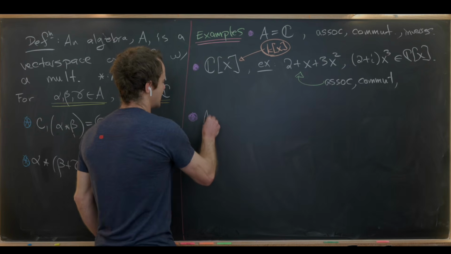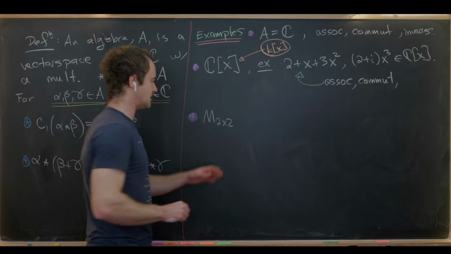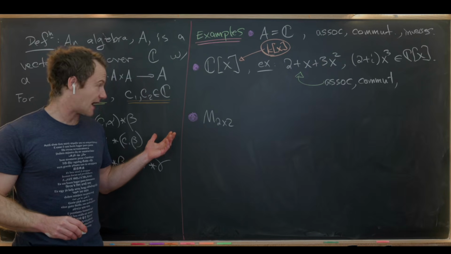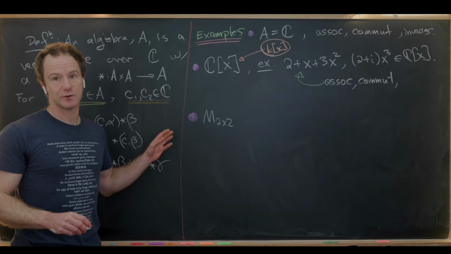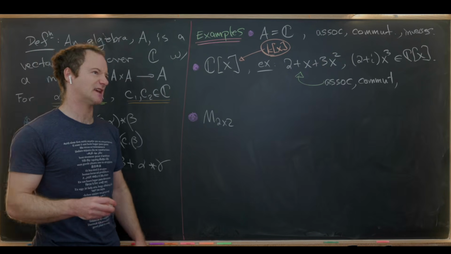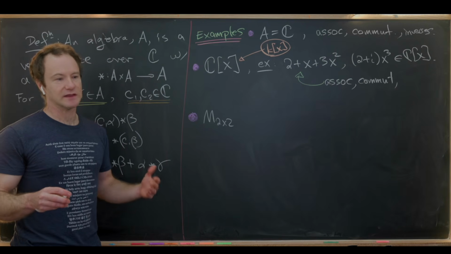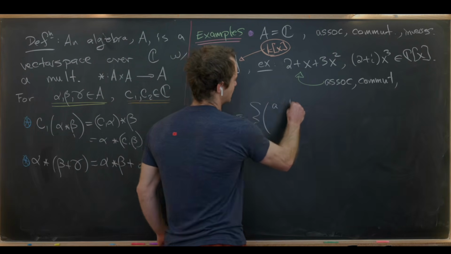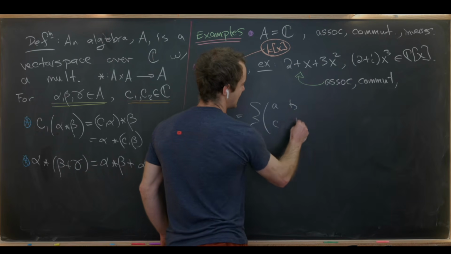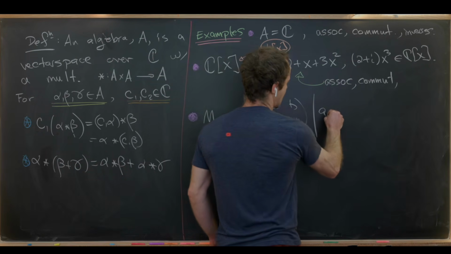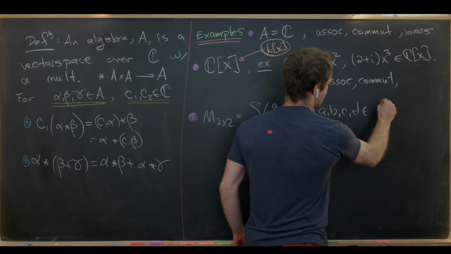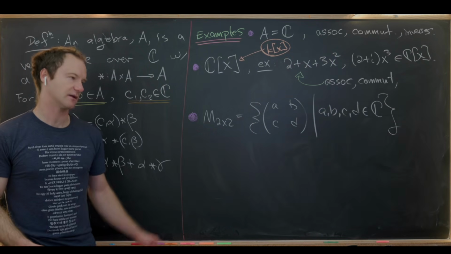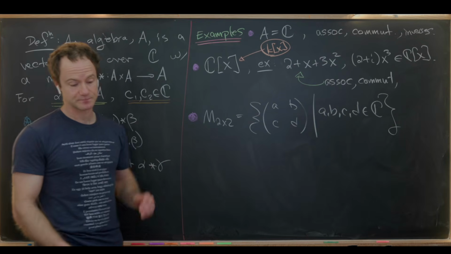So we'll say M 2 by 2 to mean all 2 by 2 matrices, although you could also have N by N matrices, or if you want to be super fancy, you could say all linear transformations from a vector space to itself. So just to be really thorough here, this would be A, B, C, D, where A, B, C, and D come from, in this case, complex numbers, but like I said, it could be anything like real numbers, rational numbers, whatever.